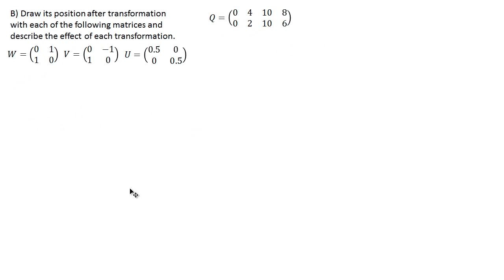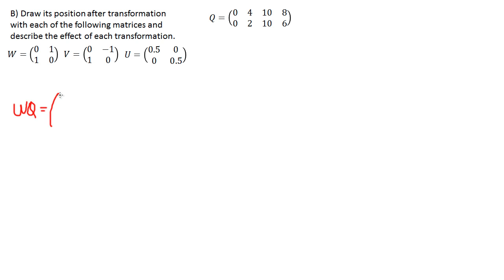So we're going to have something like Q times W, and this will equal the transformation. In this case we're doing W and Q, so you gotta put this side before Q. It's not really Q times W, it's the other way around. It's W, Q that we're trying to find.